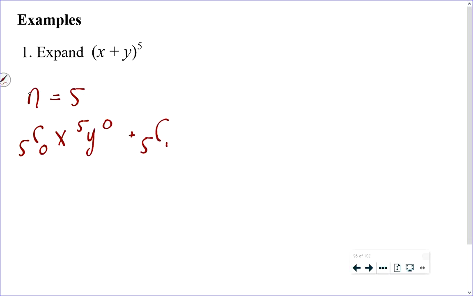And you know what? Everything I've said so far about k being 1 less than the term number and the exponents adding up to n, you don't need that at this point in time. It's going to be x to 1 less, y to 1 more. Then this number here is going to go up by 1 each time.